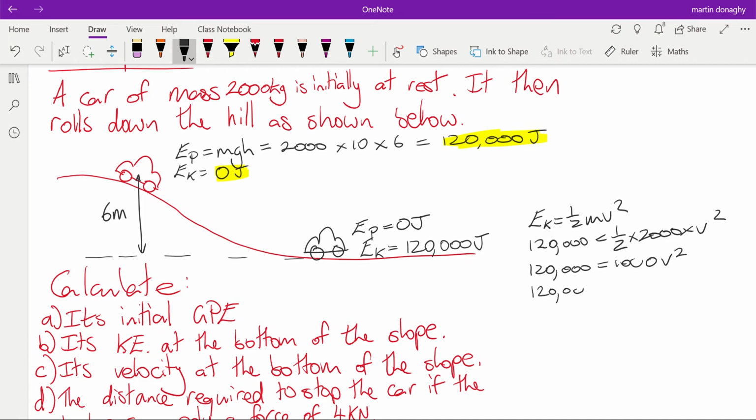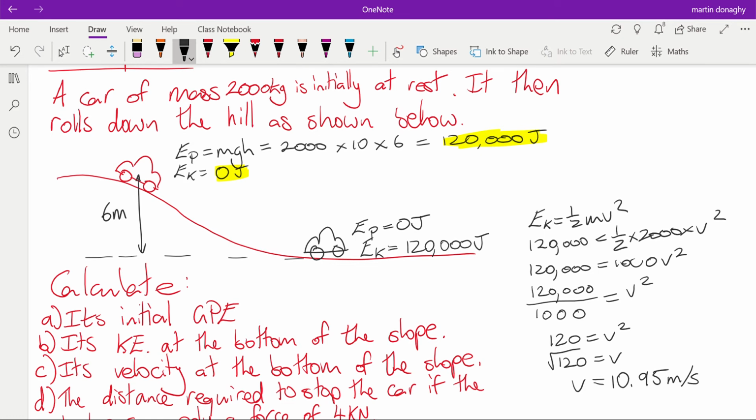Divide through by the 1,000 gives us 120 equals v squared. The square root of 120 will equal v, and that just gives us 10.95 meters per second.